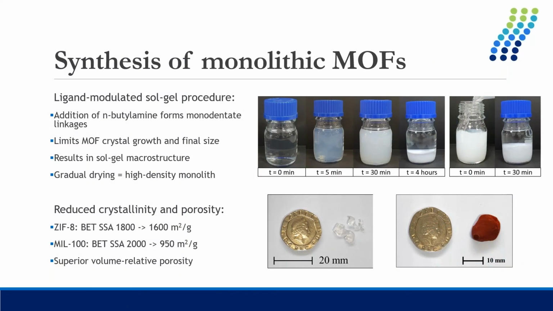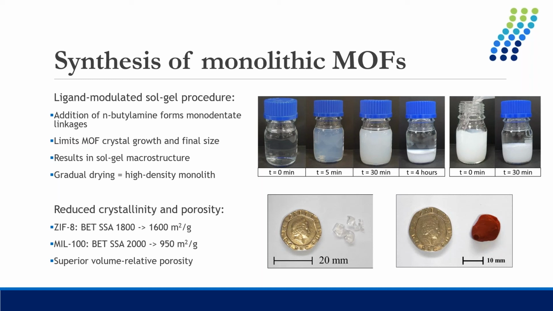We also synthesized these as monoliths. So this is a brand new procedure we came up with, where, as I mentioned, the MOFs are synthesized by organic ligands interacting and bonding to metal centers. By introducing another ligand, a competing ligand, in this case butylamine, it's able to interact with the metal centers and essentially restrict or limit the MOF crystal growth and the final size of these crystals, which results in a sol-gel macrostructure, which when dried very gradually results in high density monoliths, which you can see on the bottom.